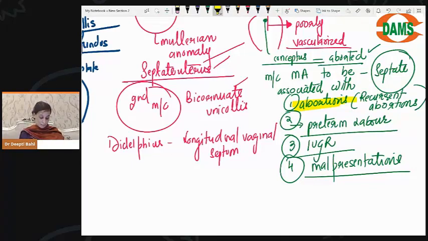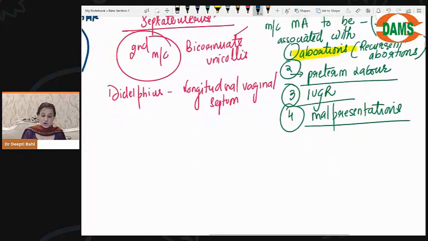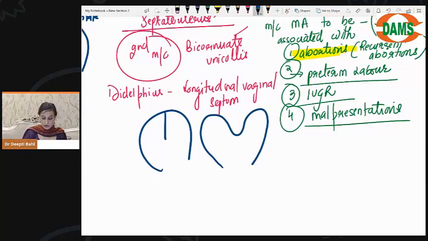Now, bicornuate, as I said, is the second most common Mullerian anomaly, and I said it is a DD for septate. Why? Because if you look from inside, both septate and bicornuate look the same. There are going to be two cavities, and separating the two cavities you see a structure.